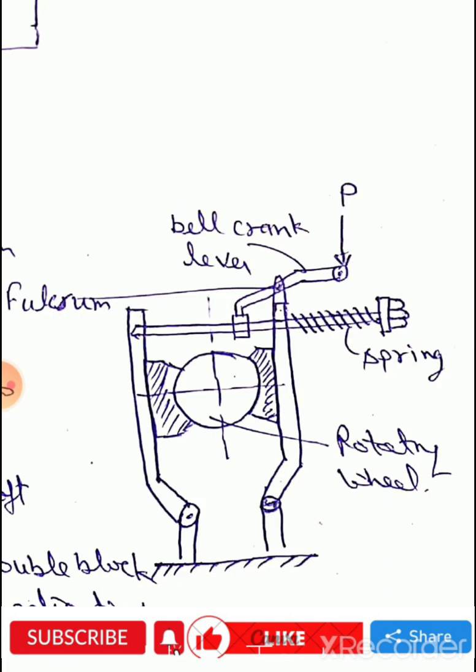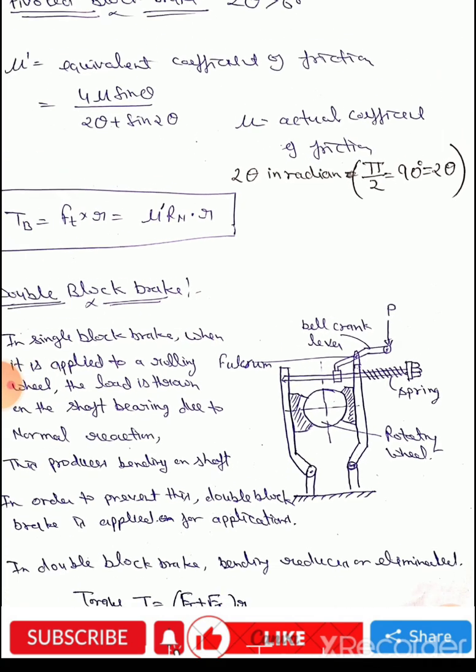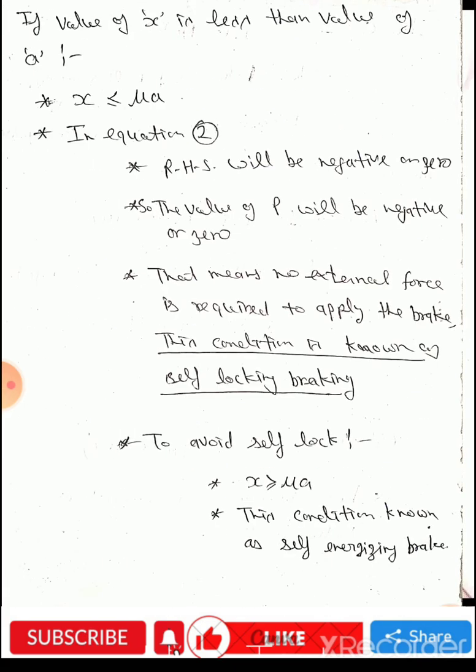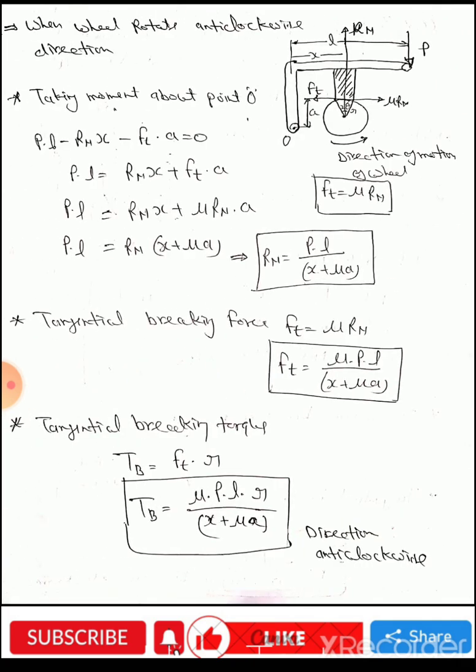Now the main points to be noted down in double block brake. This is very important. First point, in single block brake, when it is applied to a rolling wheel, the load is thrown on the shaft bearing due to normal reaction. This produces bending on the shaft. Please see the previous figure.